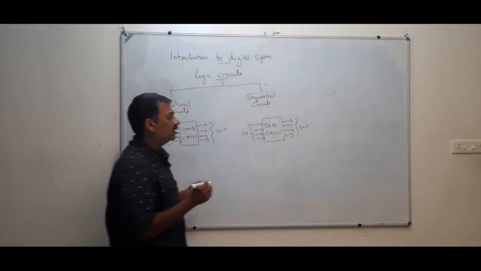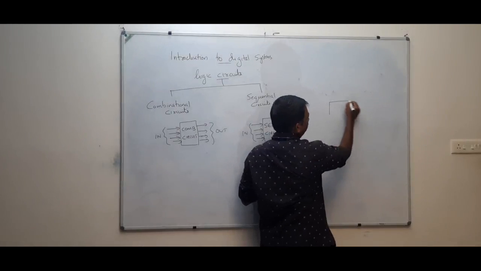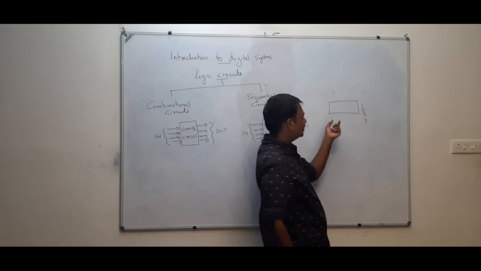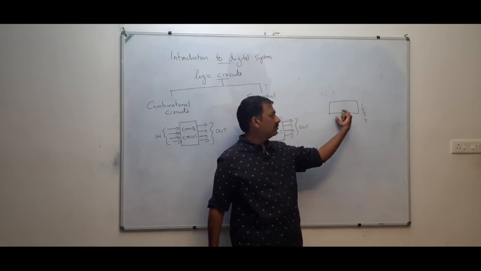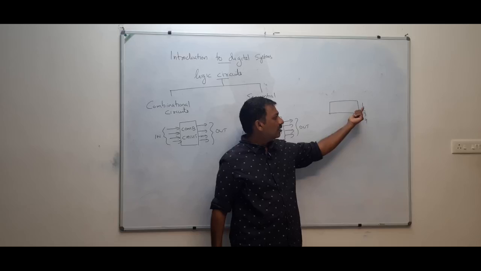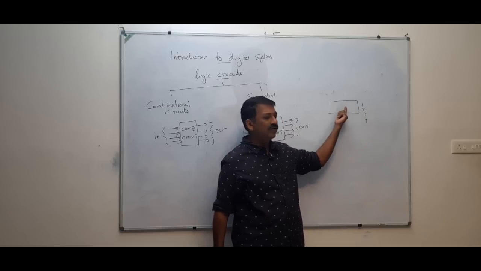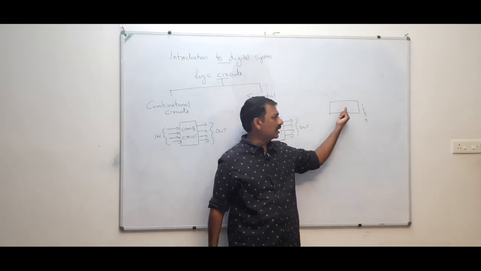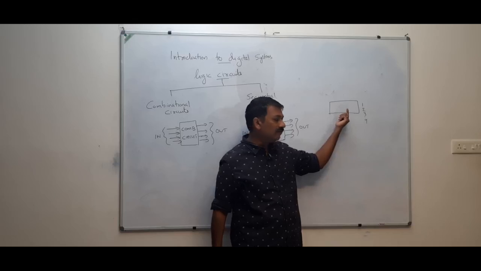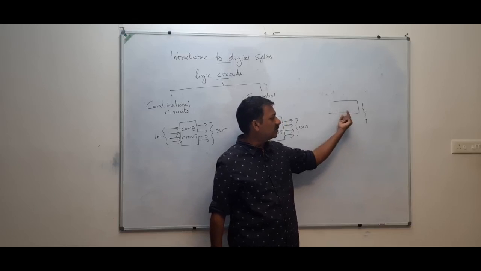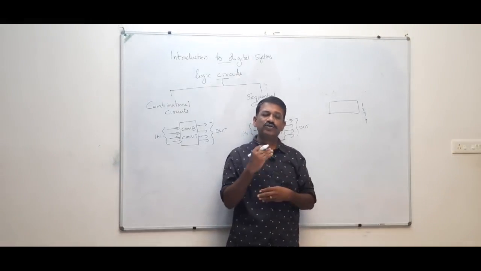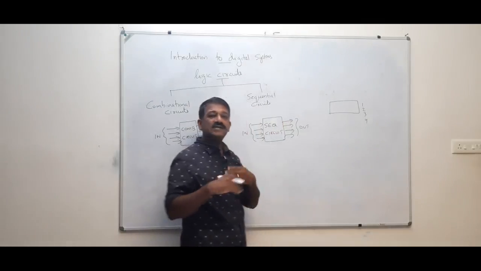Suppose that here you are displaying 1, 2, 3, 4, etc. That means this is a sequential circuit to display an integer value on the screen. The screen is displaying the value 1, and after that just display 2, after that just display 3. That means in a sequential fashion.